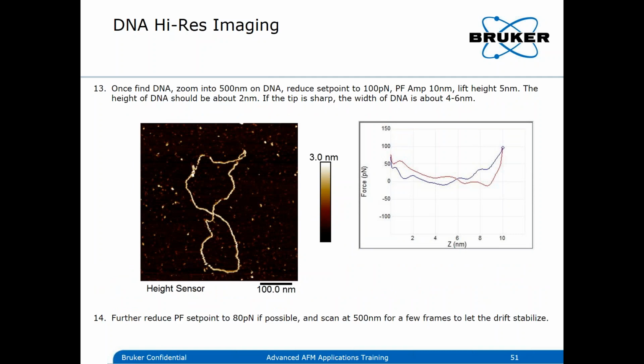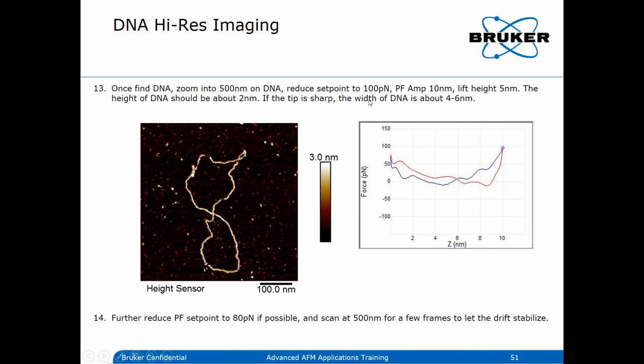Once you find it, you can zoom into it at 500 nanometer scan size, reduce the set point even further to 100 piconewton, peak force amplitude to 10, lift height to 5, and then you can get a nice image of the DNA. You would see that the height will be about 2 nanometers.